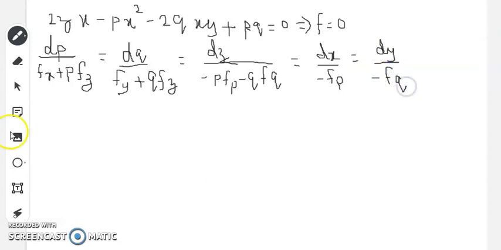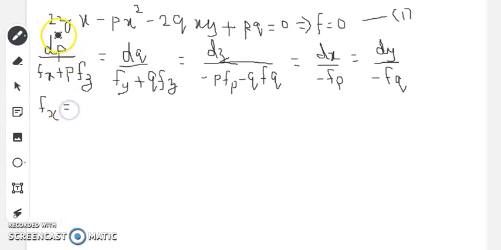Okay, now the next step is you have to find all the partial derivatives which are required in our Charpit's auxiliary equations. So from equation 1, we can find the partial derivatives. We are differentiating partially with respect to x, so the remaining variables are constant.